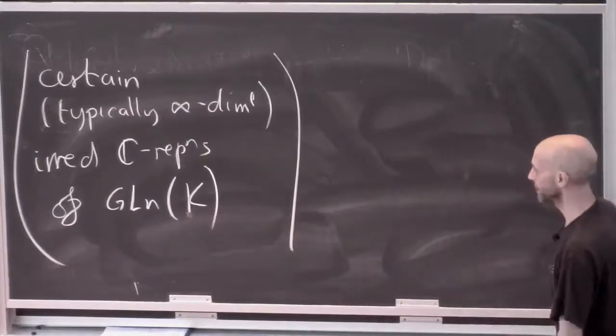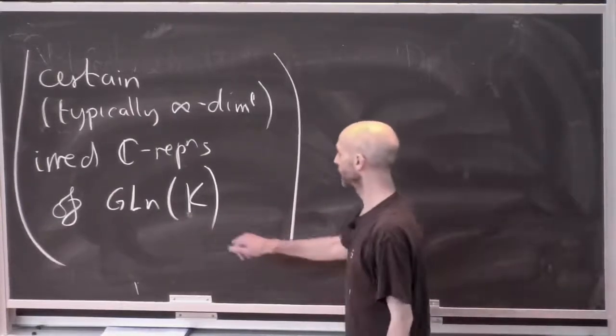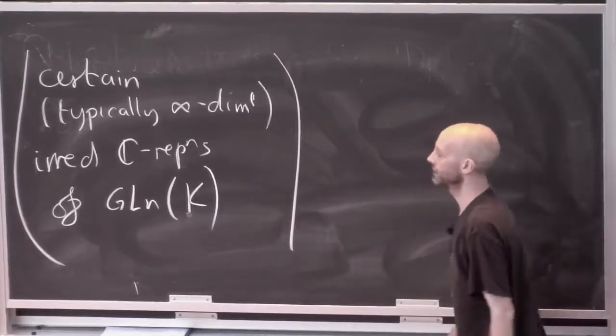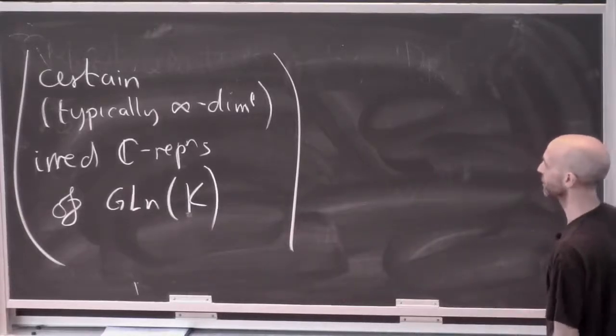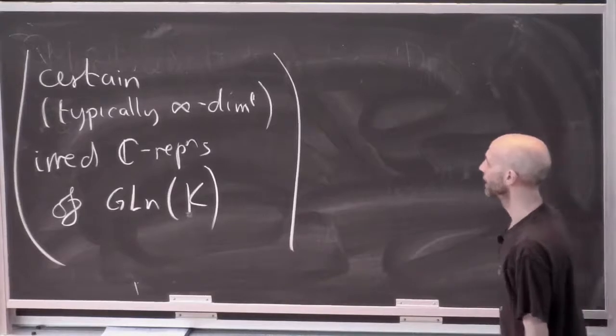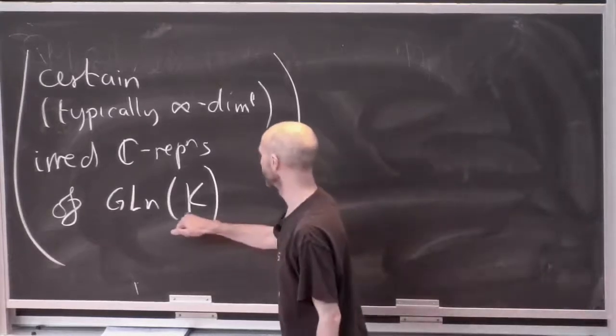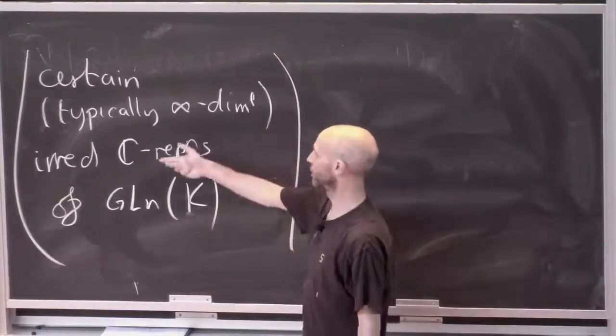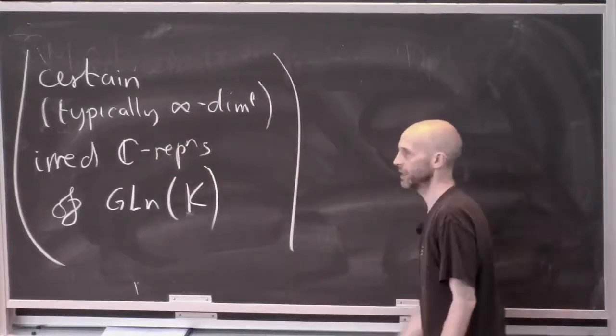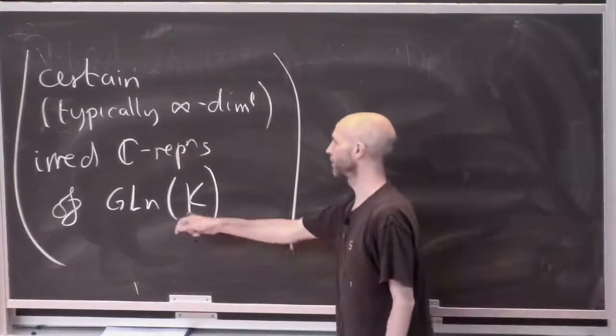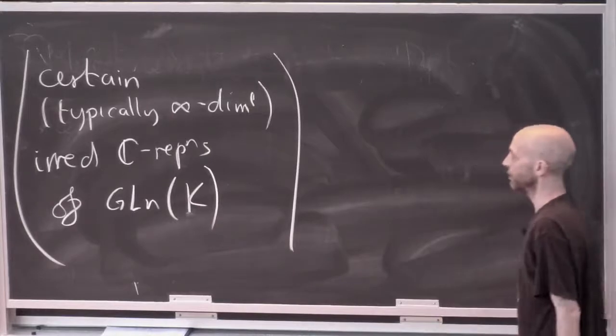In a first course, you typically take a finite group and consider its action on finite dimensional complex vector spaces. Here we have a hugely infinite group, and we have to consider certain continuous actions, in a sense I'll make precise, of this infinite group on a typically infinite dimensional complex vector space.